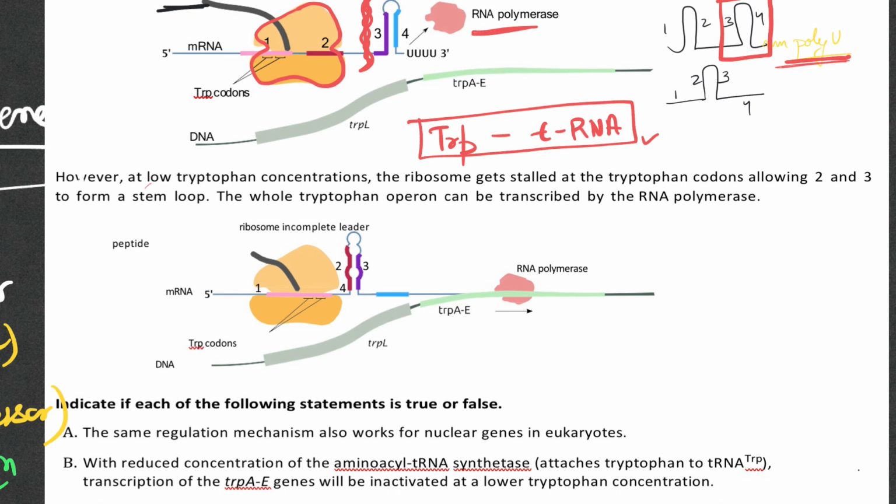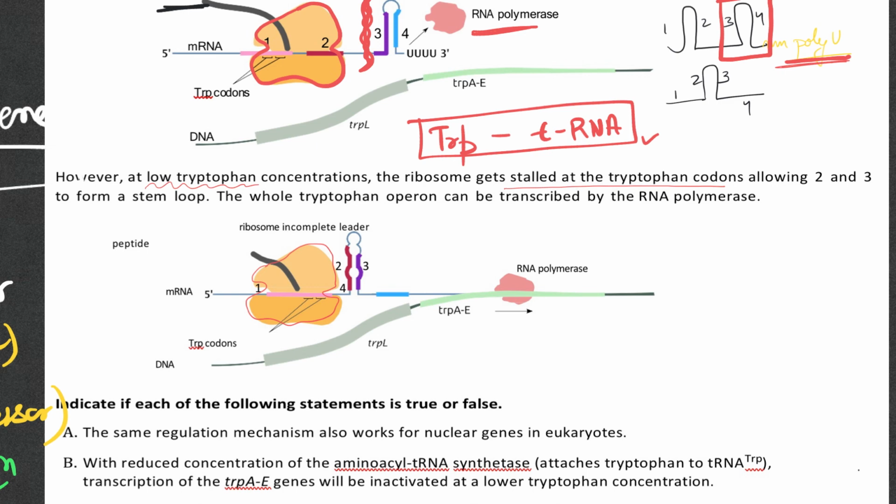However, low tryptophan conditions. If I have low tryptophan conditions, the ribosome, while translating the mRNA of the leader sequence, will stall and wait for enough tryptophan-tRNA complex. So they'll get stalled at 1.